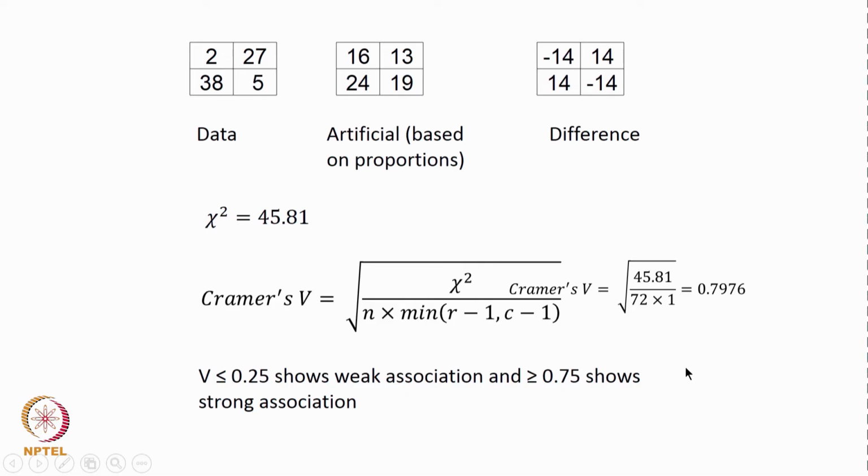If we had data like 2, 27, 38 and 5, with proportions 16, 13, 24, 19, where the differences were large, resulting in a large chi-square and a large Cramer's V, then we would say there is a strong association. One could say that people with work experience attend a large number of classes, while fresh graduates would skip a large number of classes.